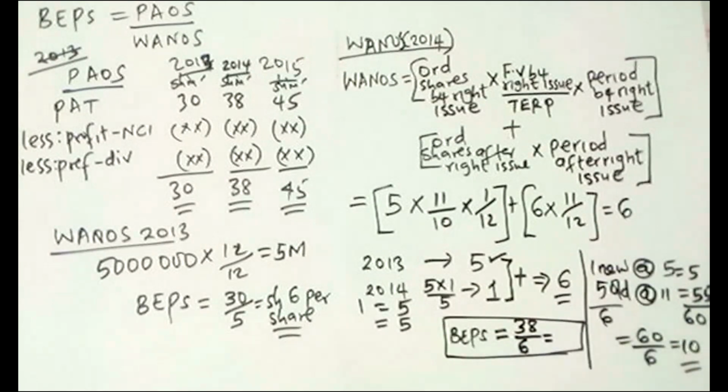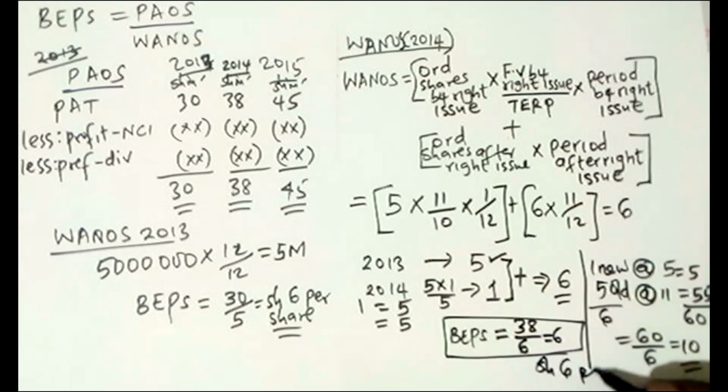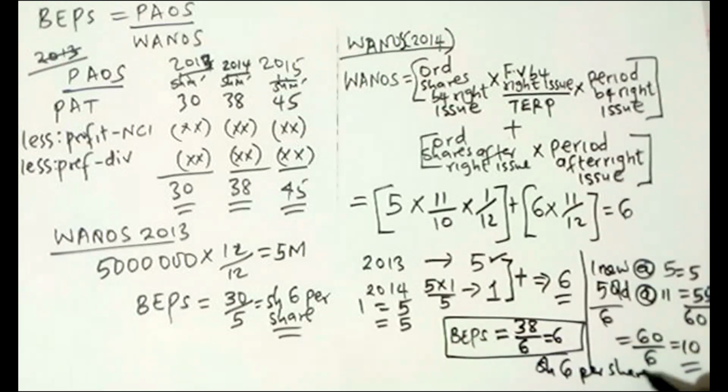So 38 divided by 6 is 6.3. So that is, let's say, 6 per share. So that is shillings 6 per share.